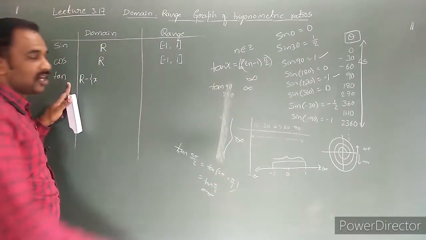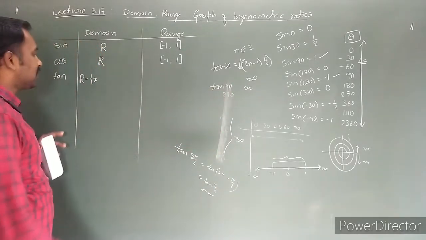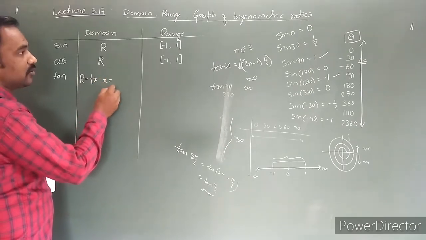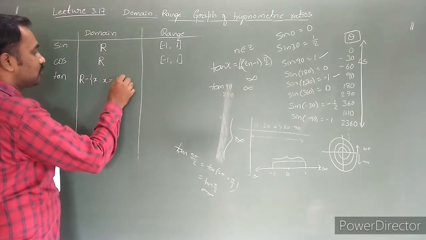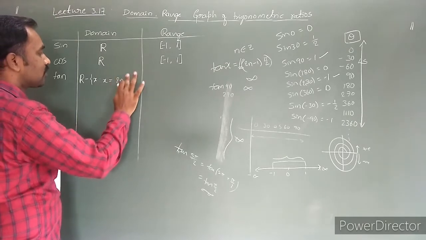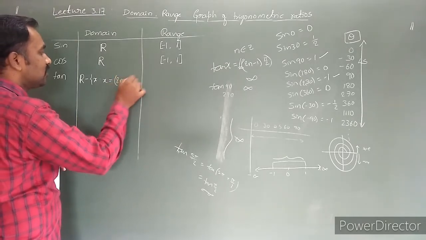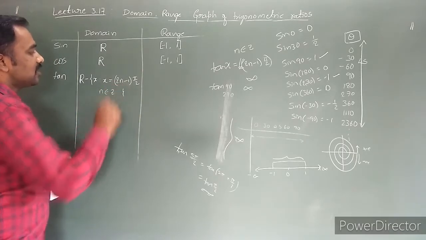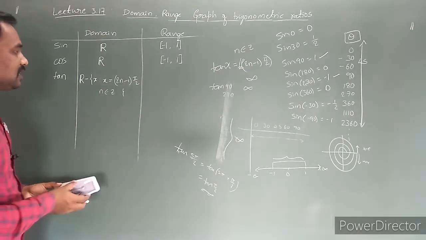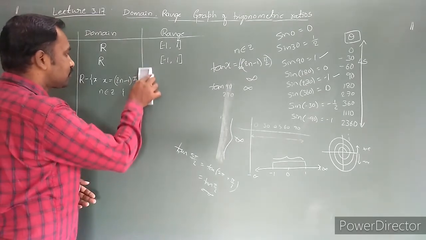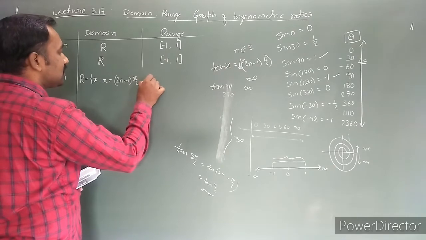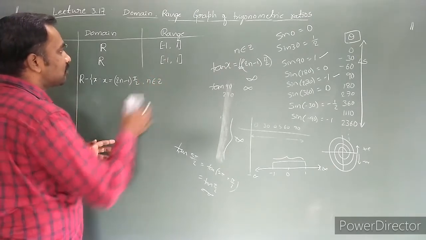How to neglect? x such that x is equal to an odd multiple of pi by 2, 2n minus 1 into pi by 2, where n is any integer. Let us take that in a continuous single line.